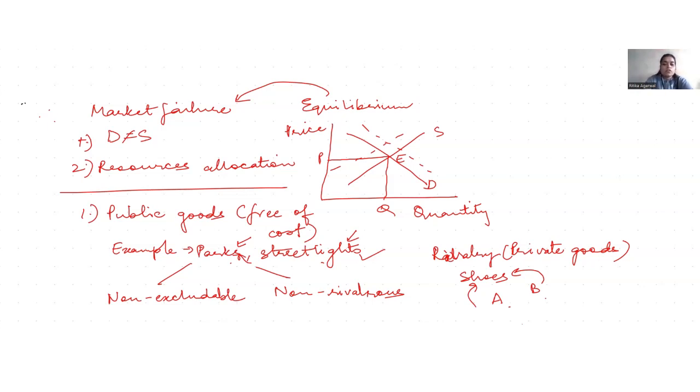All right. So now coming to the first one, let's take up negative production externalities. Can you give me an example of negative production externality? Anybody? Pollution from the factory affecting the health of nearby residents. Correct.